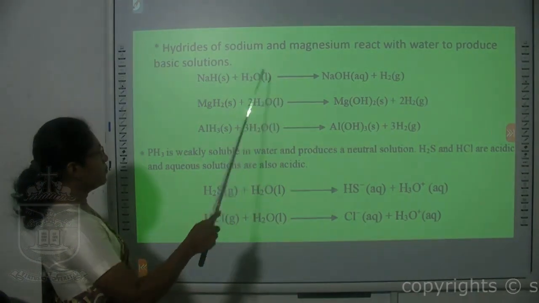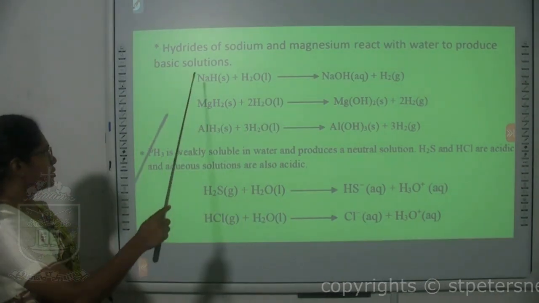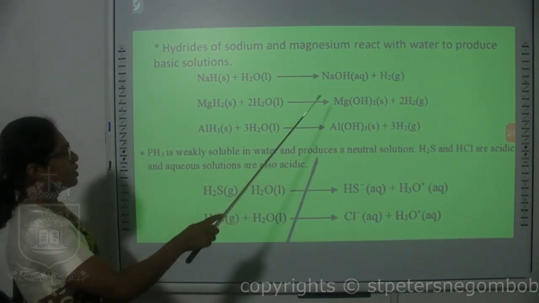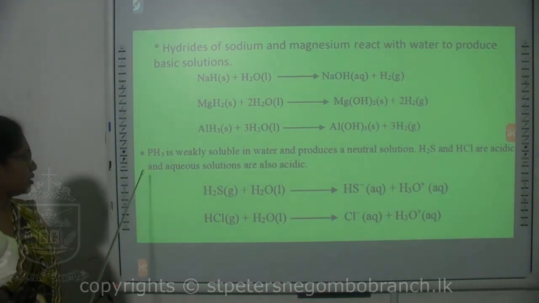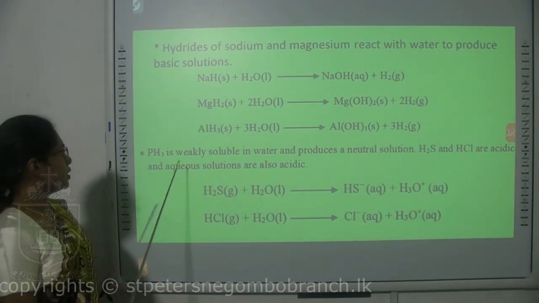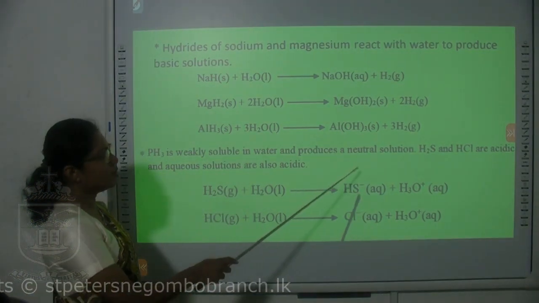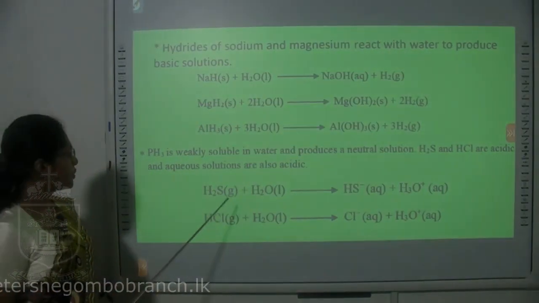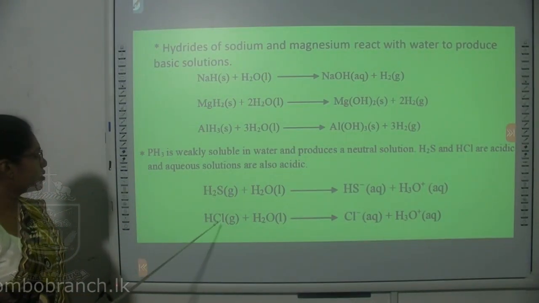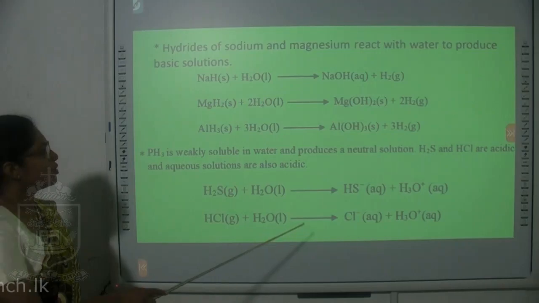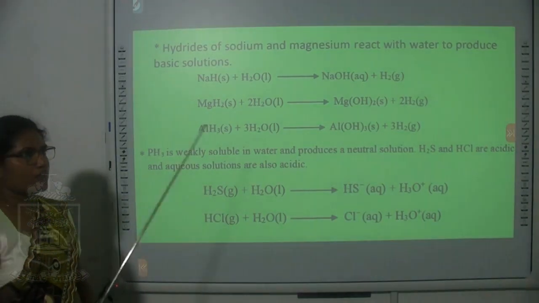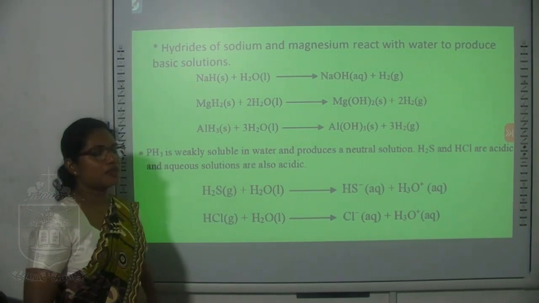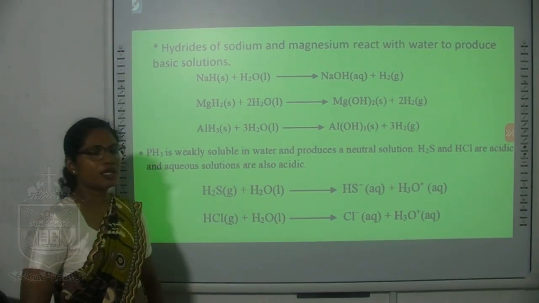Here you can see these three hydrides form basic solutions. Then PH3 is weakly soluble in water and forms a neutral solution, and sulfur and chlorine hydrides form an acidic solution. So you can find the pattern of gradual change along the third period.